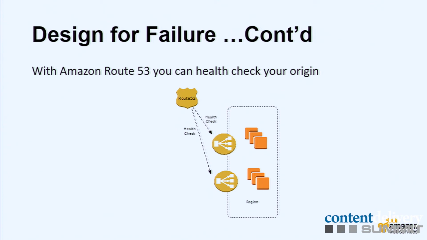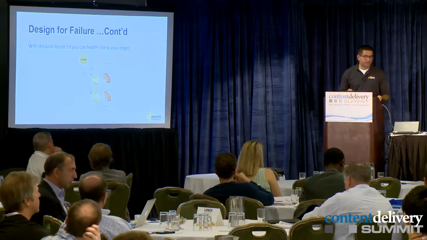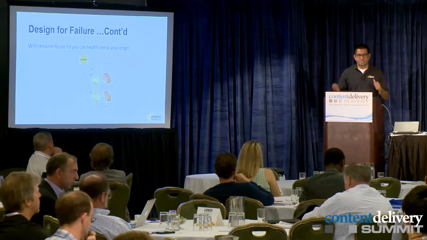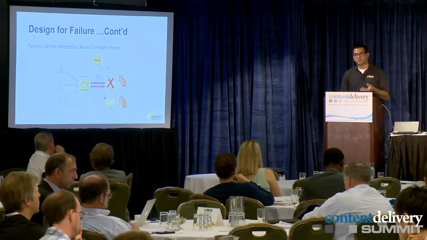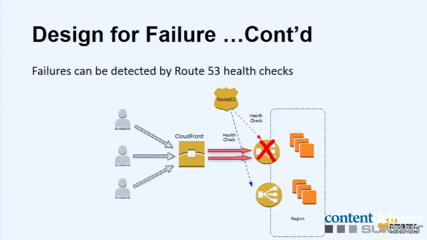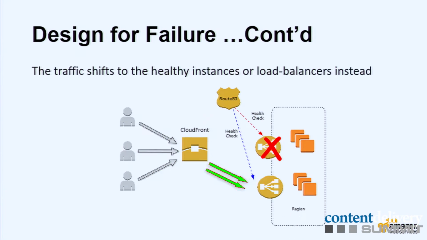At the DNS layer, Route 53 conducts health checks on your origin servers. So you have two different origin servers, and it's conducting health checks constantly. As soon as DNS finds that one of the origin servers is unavailable, it automatically directs CloudFront to the second origin server, which is still up, so that CloudFront can still get the content from your application.